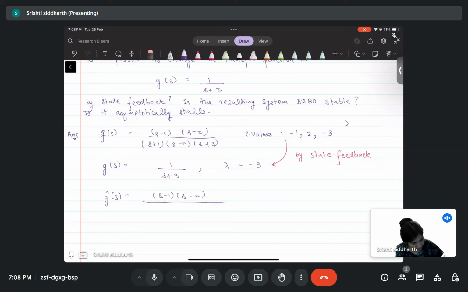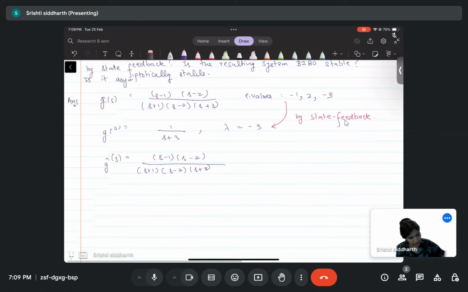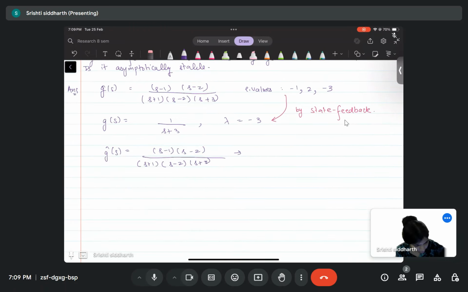By eigenvalue assignment, we have S plus 1, S minus 2, S plus 3 in the denominator, and the transfer function becomes 1 upon S plus 3.